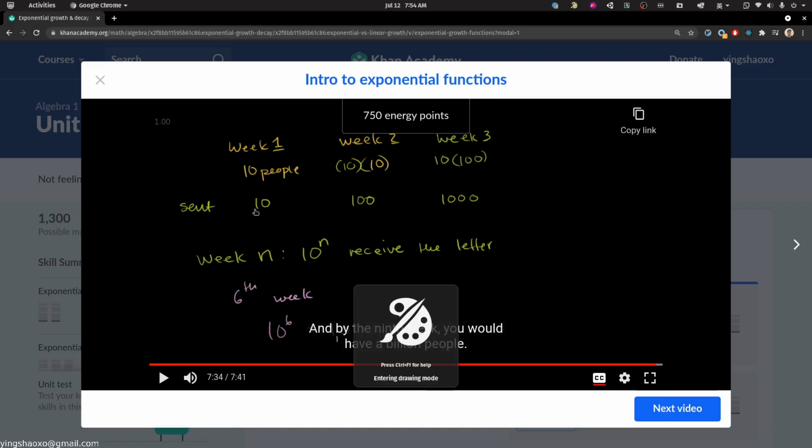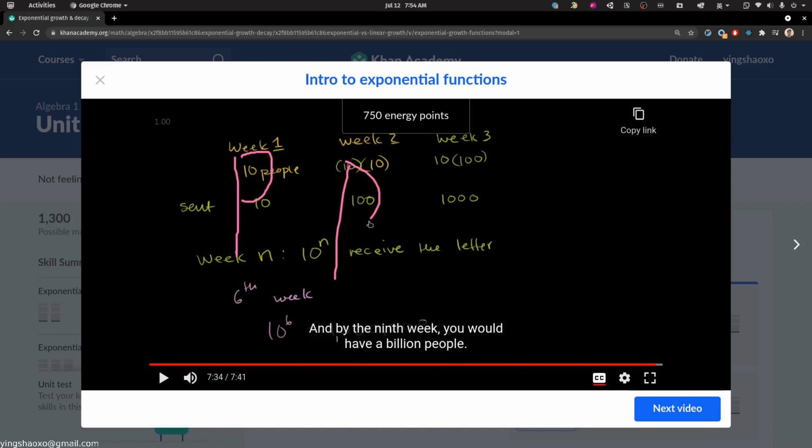And if you are Chinese, I can just tell you the company name. It's called Pinduoduo. That's how they use this strategy to increase their number of users.